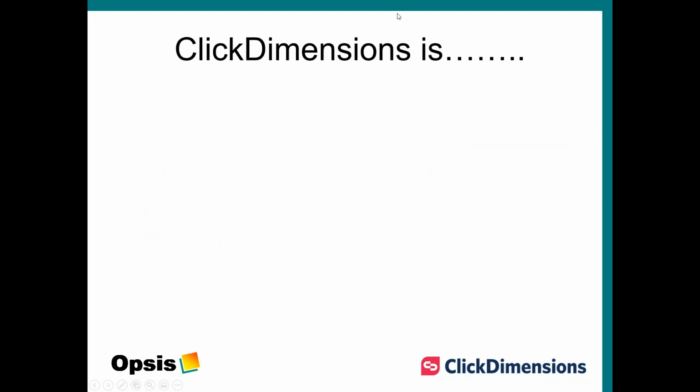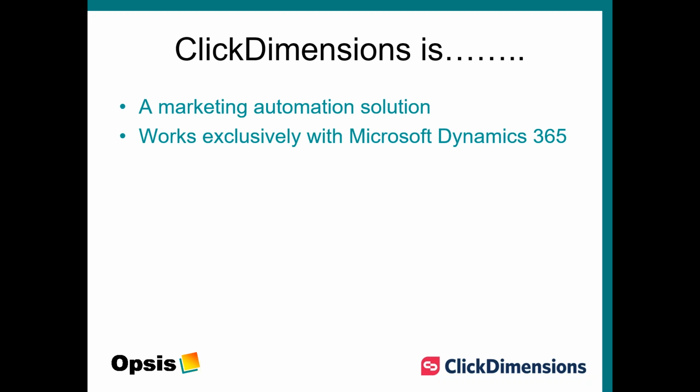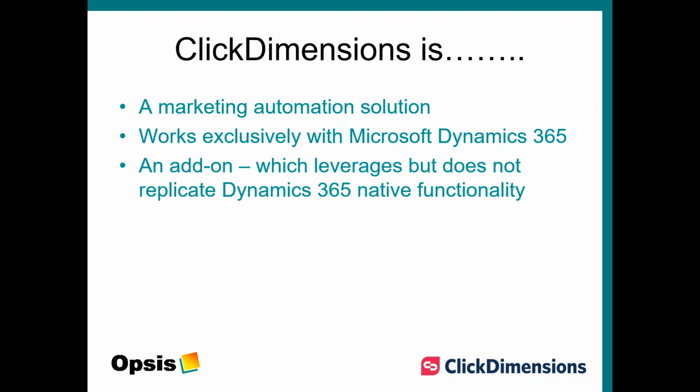I'm going to very quickly run through what ClickDimensions is, just to make sure that we are all on the same page. ClickDimensions is a marketing automation solution, which, unlike many of the other marketing automation solutions out on the market, works exclusively with Microsoft Dynamics 365. It is an add-on to Microsoft Dynamics 365, and a dedicated add-on at that.